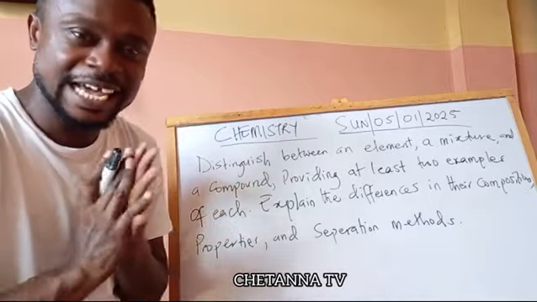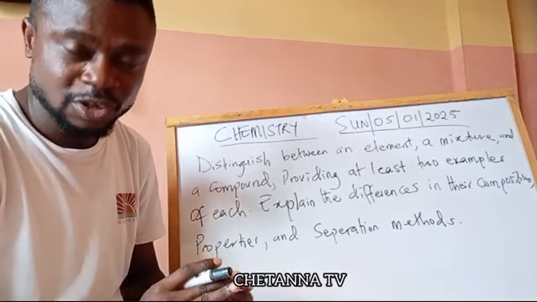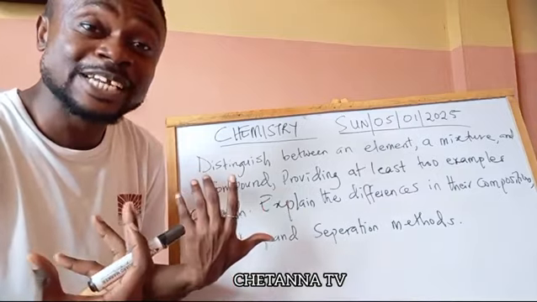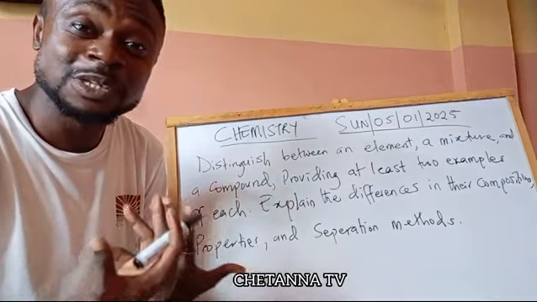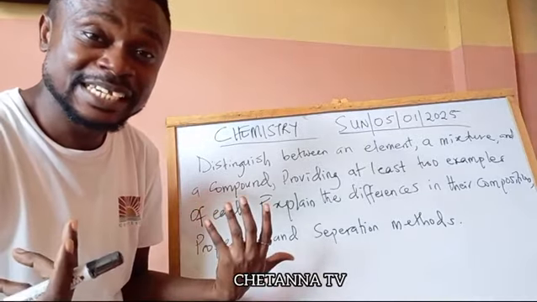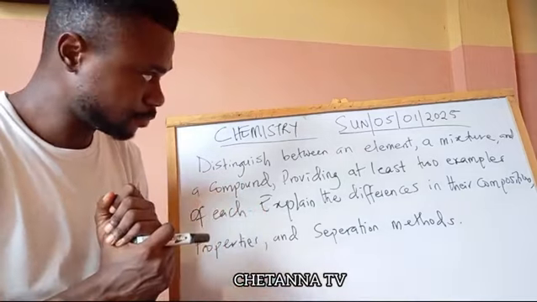They are just together. There's no chemical bond between them. Because there's no chemical bond between them, they can easily be separated using ordinary physical means. Ordinary separation techniques can separate the constituents of a mixture.